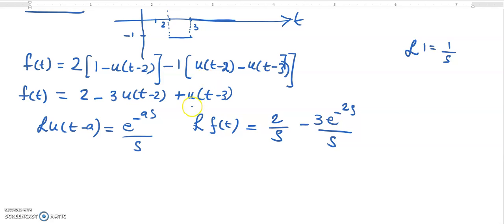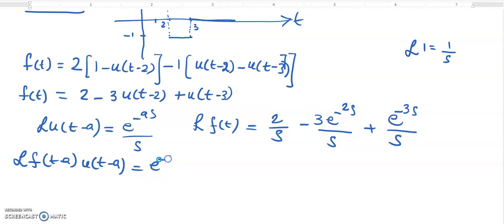And for the last one, it is simply u of t minus 3, so it will be plus e power minus 3s over s. So this will be the Laplace transform. Therefore no need to consider the longer formula, f of t minus a into u of t minus a is equal to e power minus as times F of s. So this simple formula in this case will work.